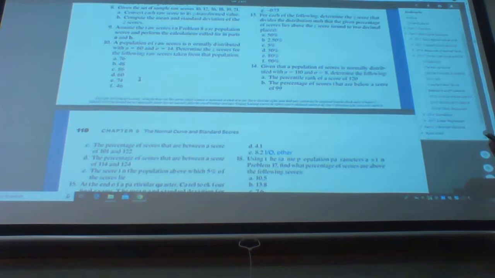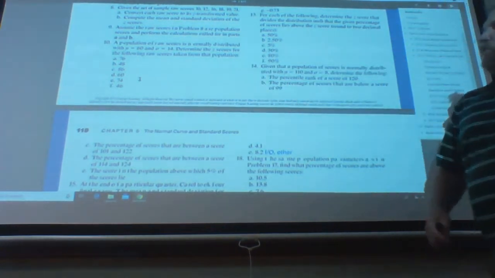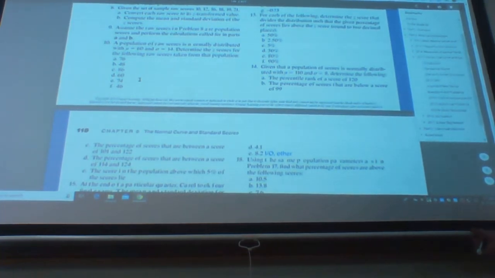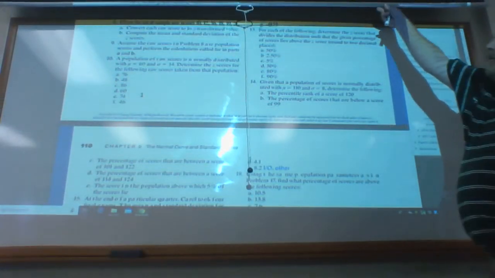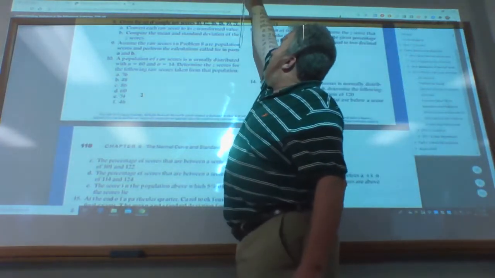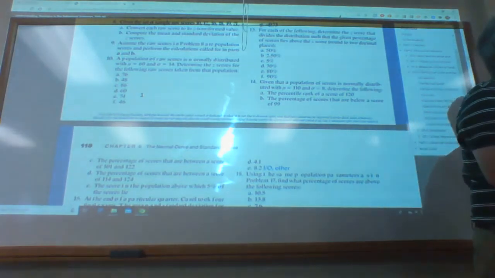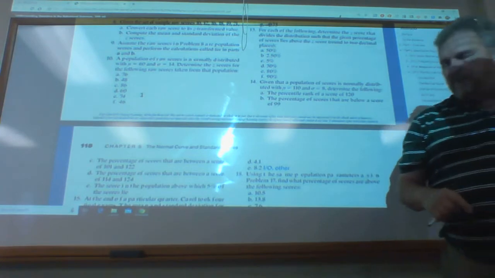So the very first problem was just figure out the z-scores. Okay? So, fairly straightforward kind of problem. There's 3 bits of information you need to know to turn a score into a z-score, especially if that's all you're going to do.